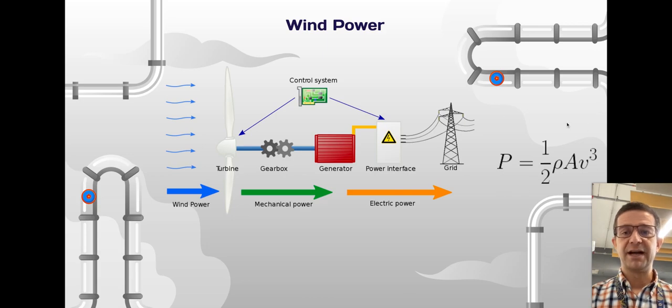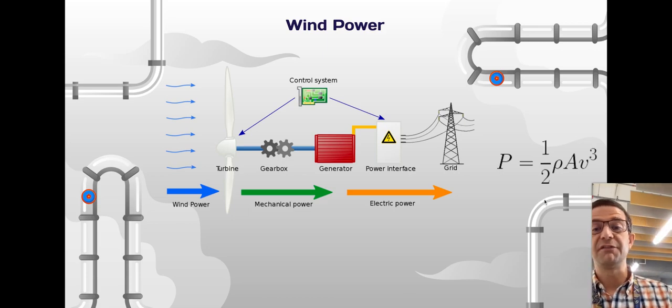The power here, an interesting fact: you see the density of air, obviously, and larger cross-sectional area turbines obviously produce more power. The interesting thing is that the power scales as the cube of the speed of the wind.